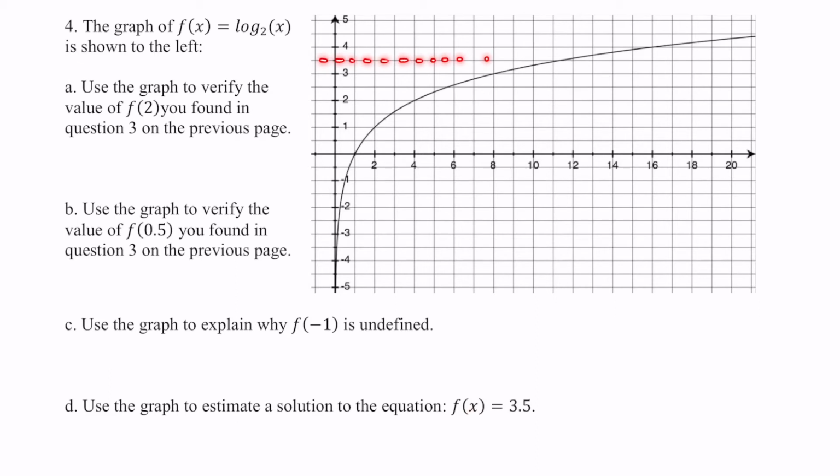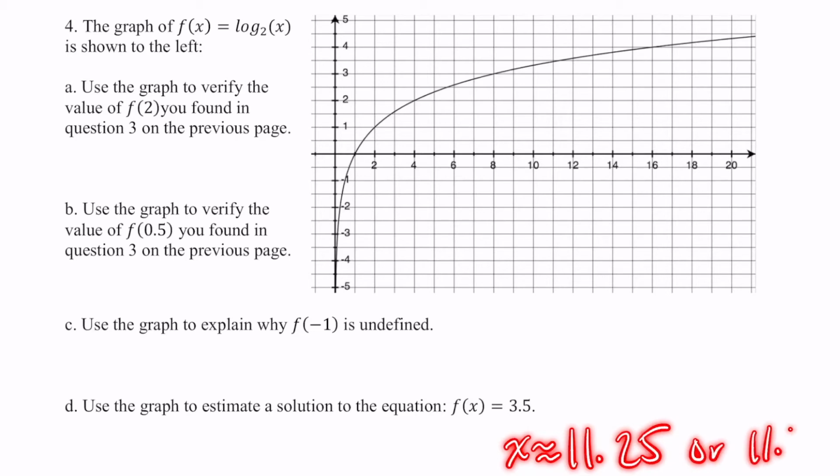So we're looking at where this horizontal dotted line intersects our graph of f of x. And that looks like it occurs somewhere past 11, so a little bit above 11. I'd guess about 11.25 would be my guess. So x is approximately 11.25 or 11.3, somewhere around there. Honestly, I'd probably even accept an answer like 11.2, anywhere in that general range.